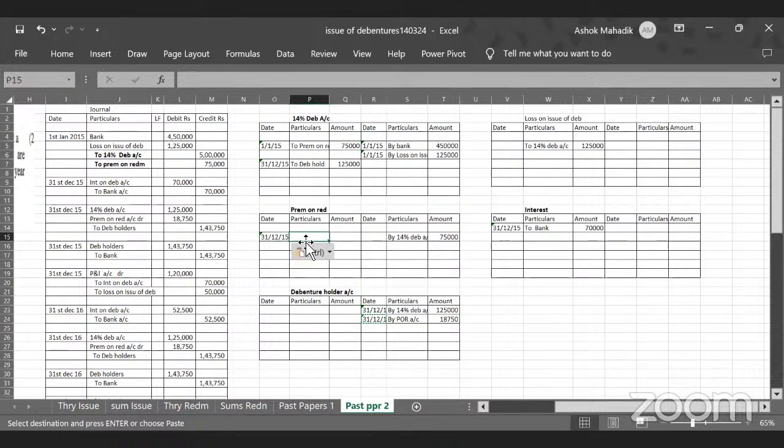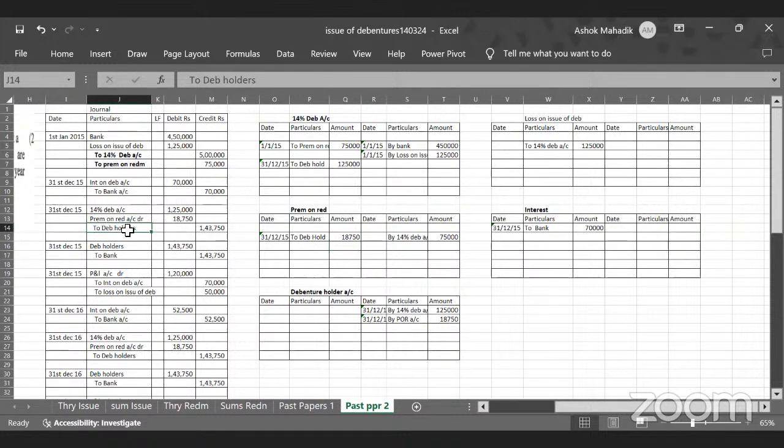We'll write to debenture holder, the second effect of the earlier posting, 18,750. Clear?